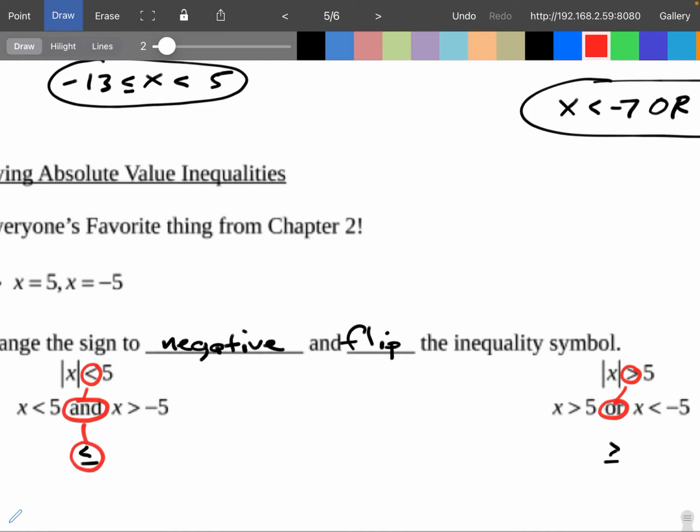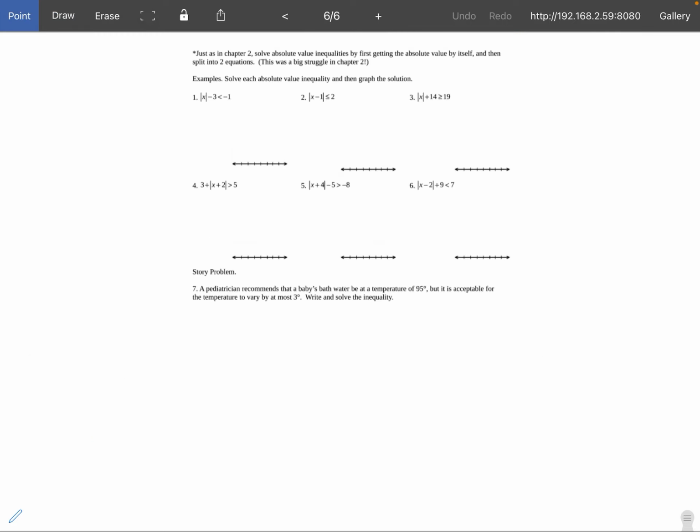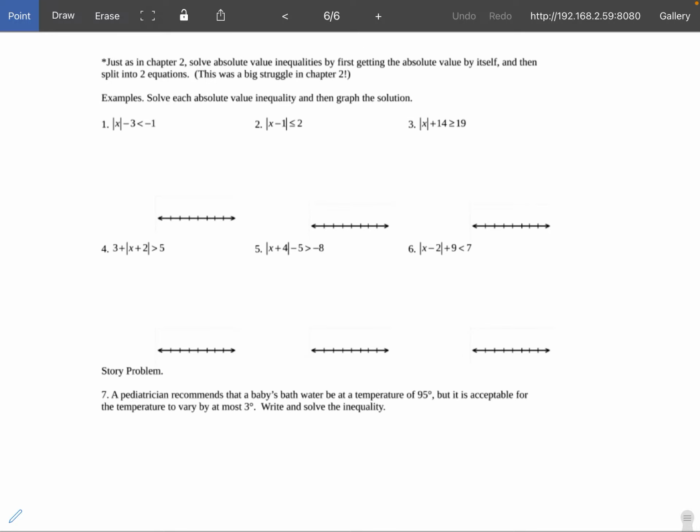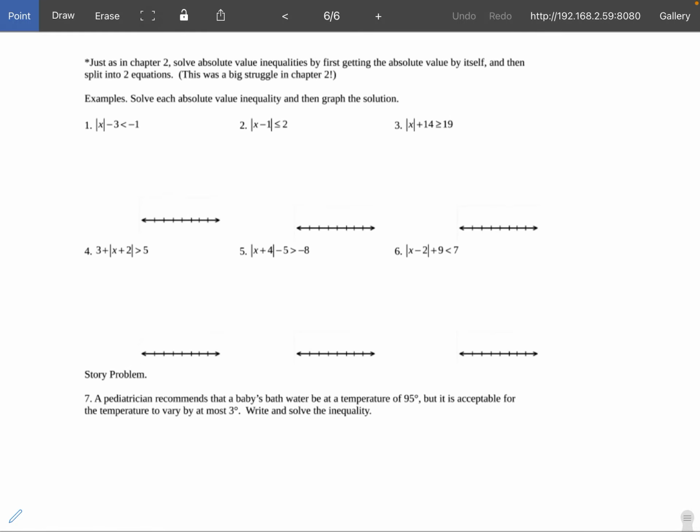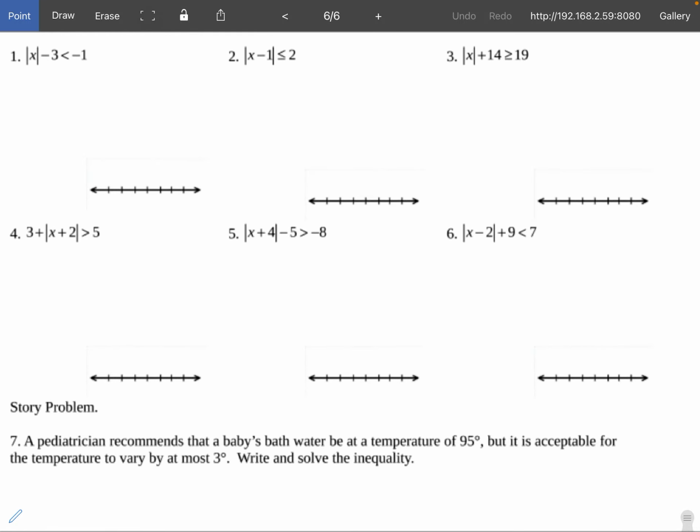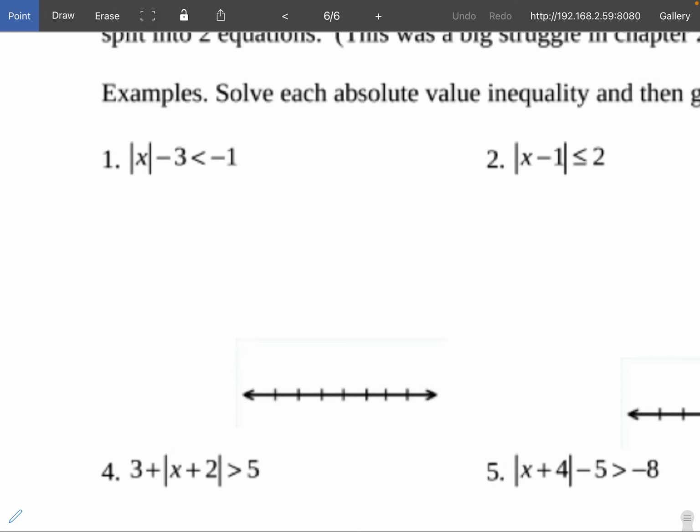That's going to be important. Now this one over here could also be a less than or equal to, and this one over here could also be a greater than or equal to. So if it's got a less than in it, it's going to be an and. If it's got a greater than in it, it's going to be an or. So let's try some of the examples.